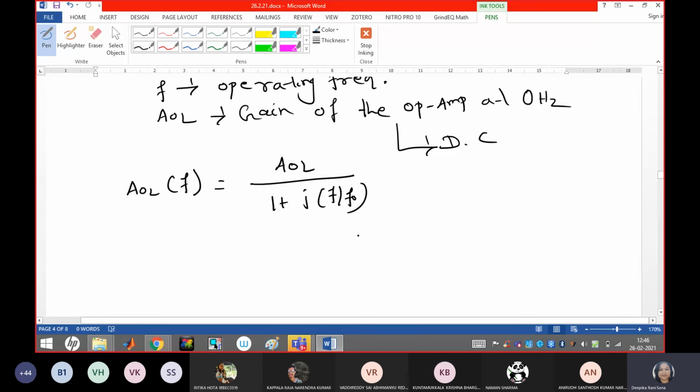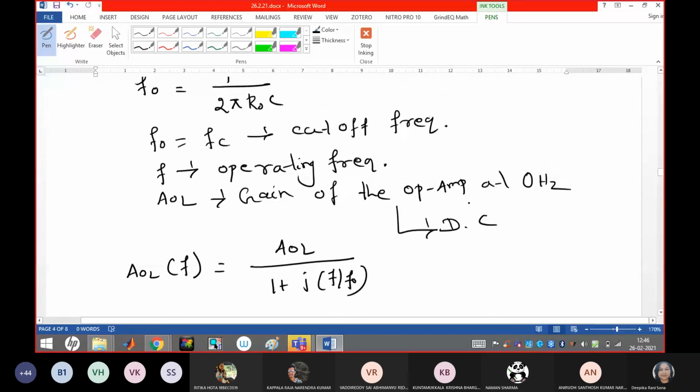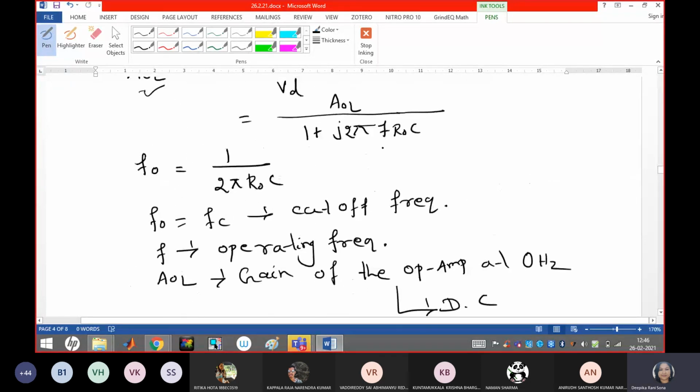F naught is 1 by 2 pi R naught C. In the above equation, it is AOL whole divided by 1 plus j 2 pi f R naught C. So that will become f by F naught, right? In this equation, f is there, and this 1 by 2 pi R naught C is F naught. So it may be written as f by F naught. j will remain. In this way we have represented this.